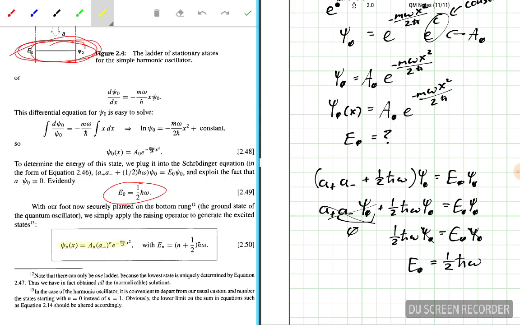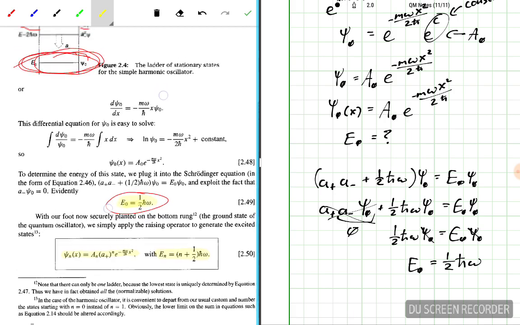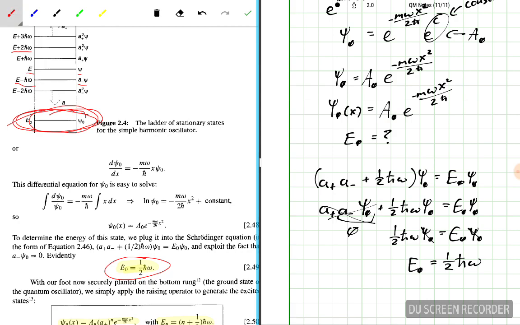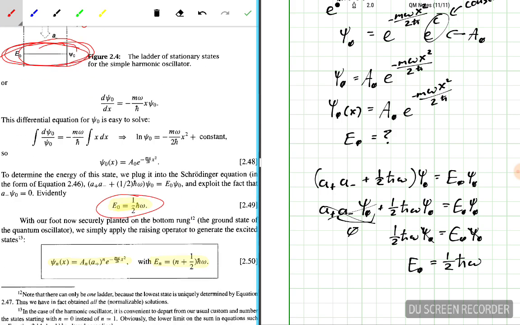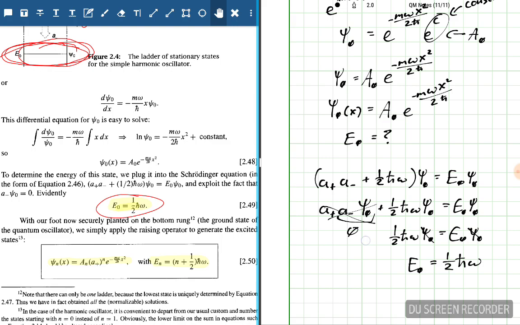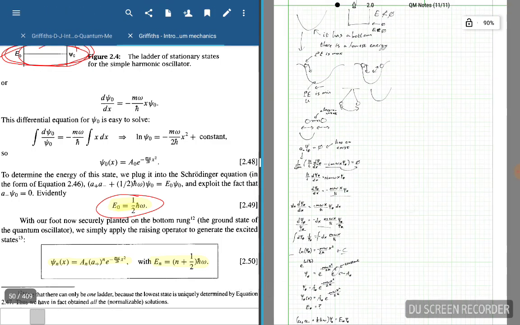Using that relationship, we can solve for all possible psi's and for all possible energies, because we know what the bottom ladder rung is, and we know what the spacing is. So if I know the bottom rung is 1/2 h bar omega, then I know what the next rung up is, right?